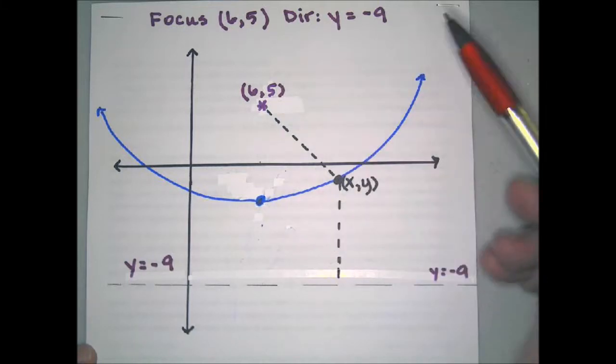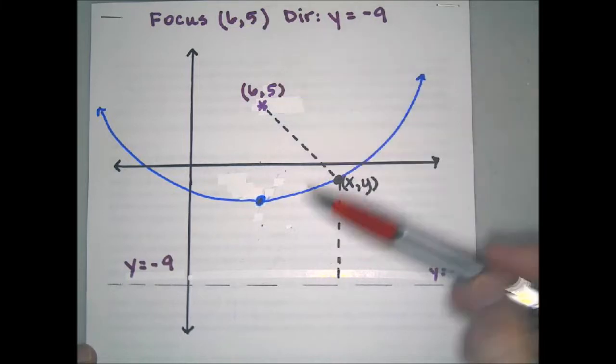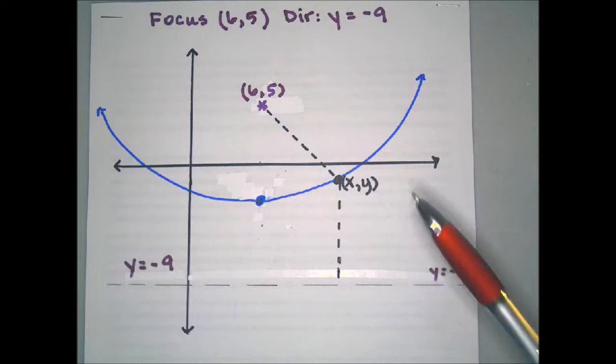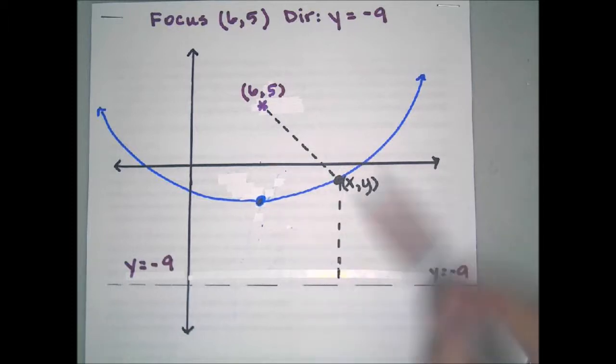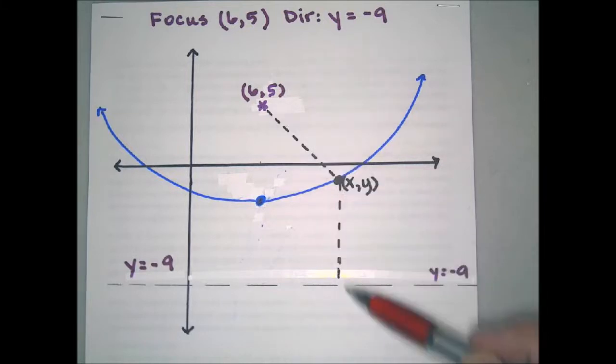And I also know the focus is on the inside of the opening of the parabola, so I know the parabola opens up. So I was able to make a sketch of the parabola simply by knowing the focus and the directrix. Now, the formal equation of a parabola means every point on the parabola is equally distant from the focus to the directrix.